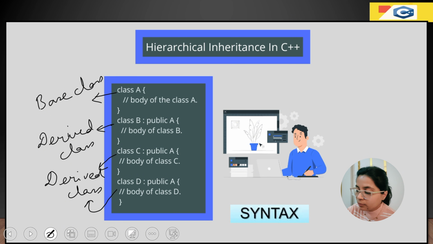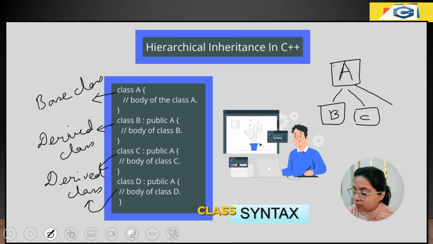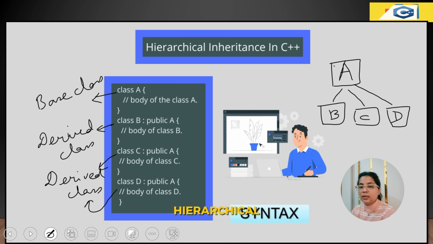I will help you. Class A is the base class, class B is a derived class, class C again is a derived class, and class D again is a derived class. So this is the syntax for hierarchical inheritance, which means class A features we are inheriting in all these three derived classes. Got it?